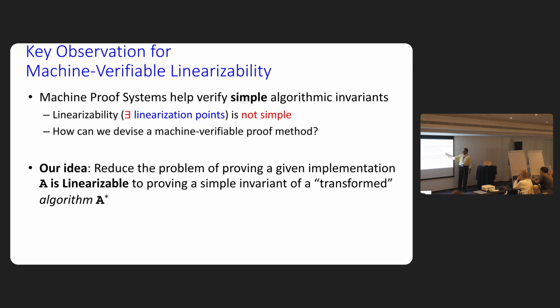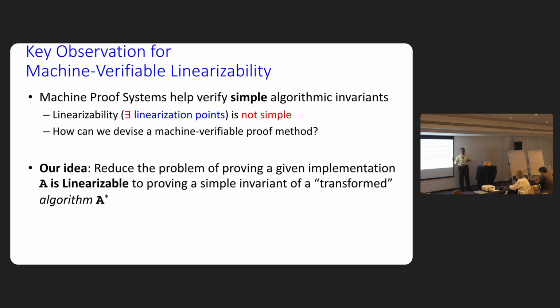This is the idea: we reduce the problem of proving that a given implementation, a given algorithm A, is linearizable, to proving a simple invariant of a transformed algorithm A star.